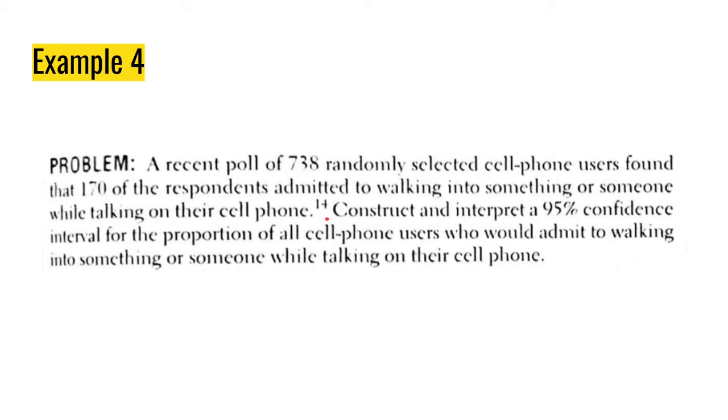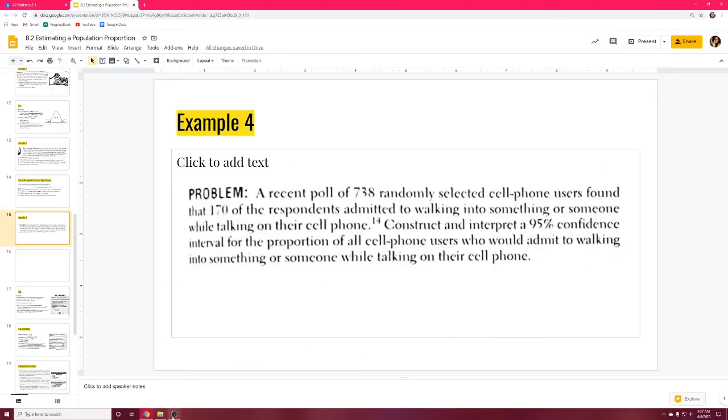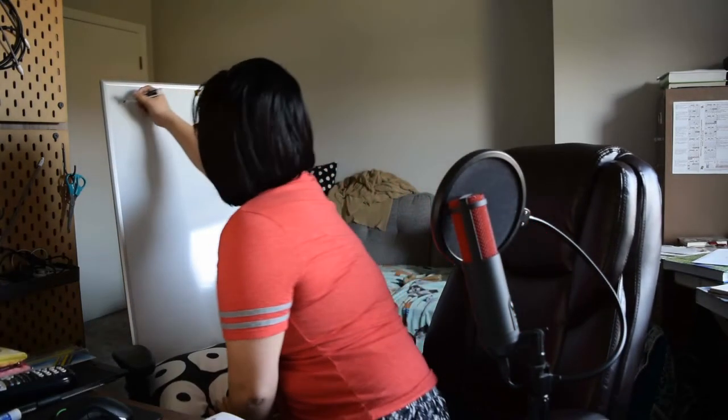And then interpret a 95% confidence interval. 95% is your confidence level for the proportion of all cell phone users who would admit to walking into something or someone while talking on their cell phone. All right, so we said the 4-step process, the first step will be state.